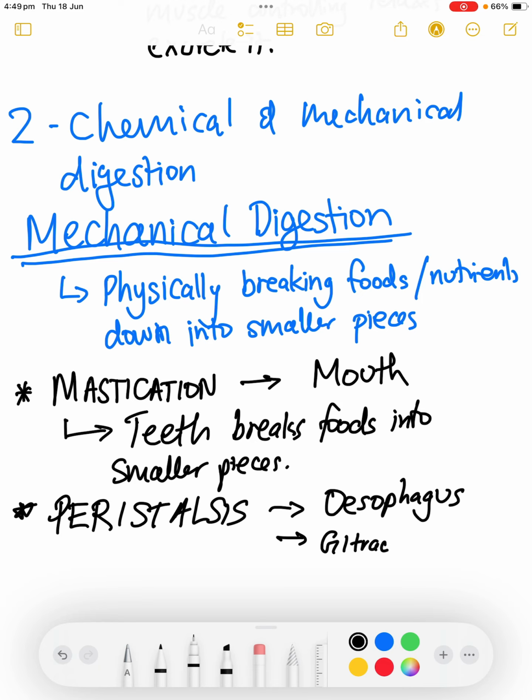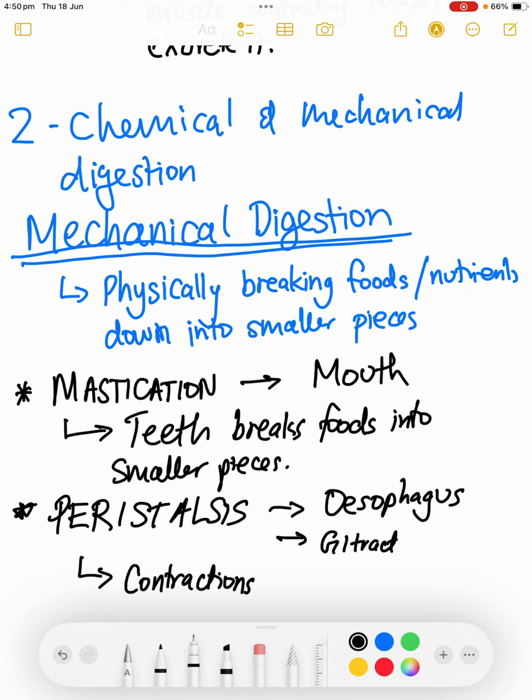It can be found in certain areas of the GI tract, such as sections of the small intestines, but the esophagus is the primary one.